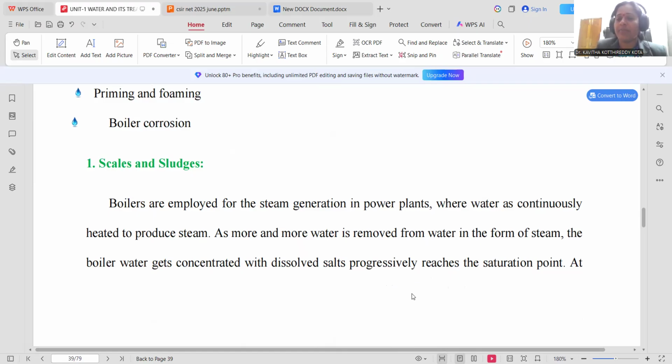100 liter water contaminants are equal to 10 liter water contaminants. That means what? 100 liter water, whatever contaminants present, spread over the entire bulk water. Whenever water is continuously removed, water quantity is reduced, but the impurity content is not. That means impurities are in high concentration now because the water level decreased, right? So that is said to be the saturation point.